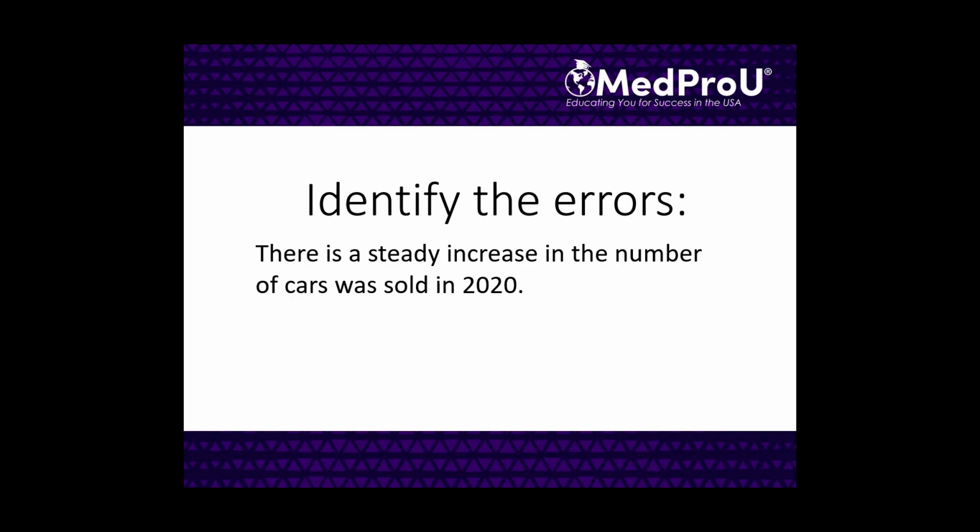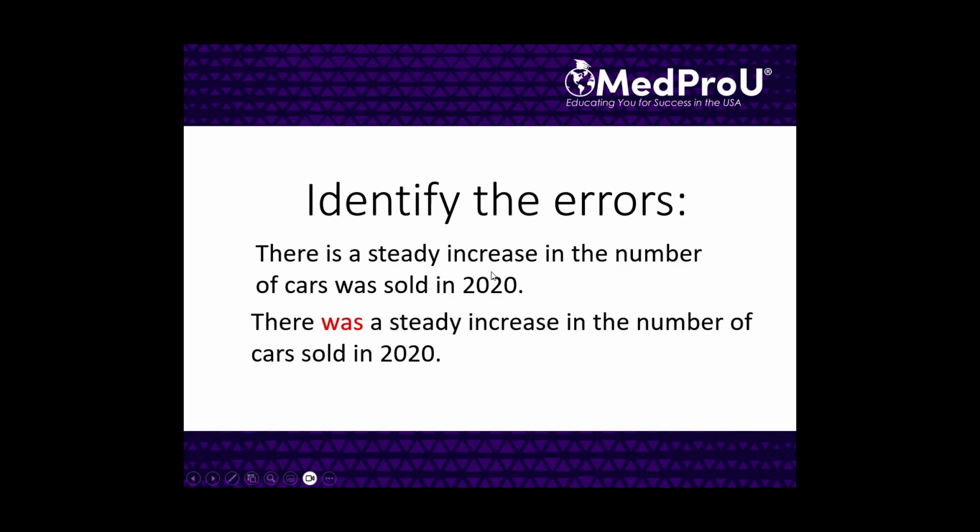It should be past tense. So we replace is. A steady increase is singular, so we use was. There was a steady increase in the number of cars sold in 2020. So replace is with was.